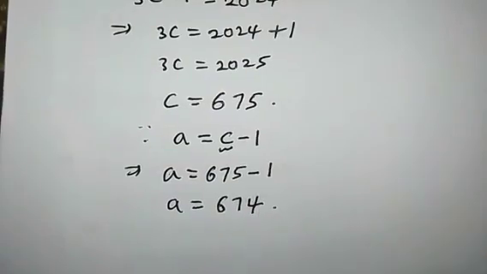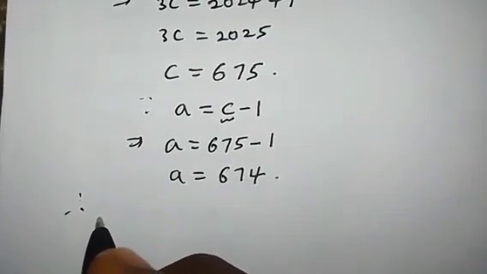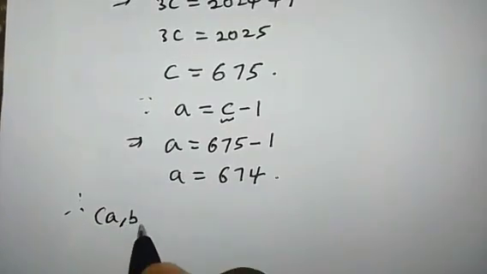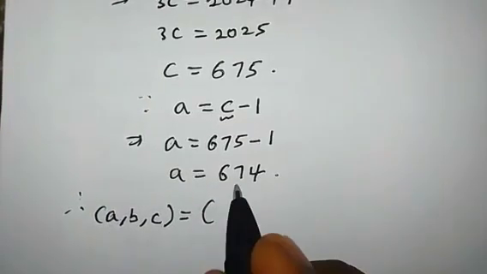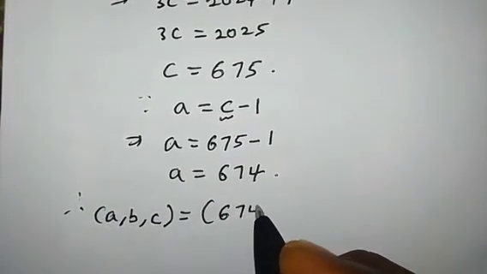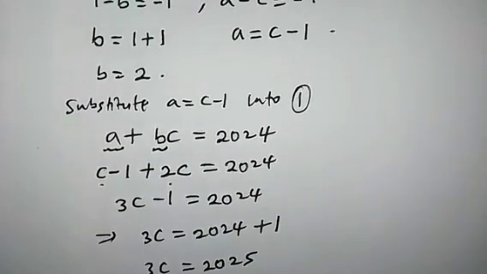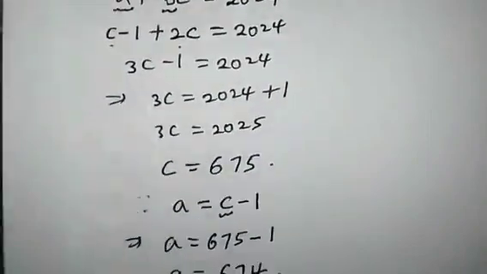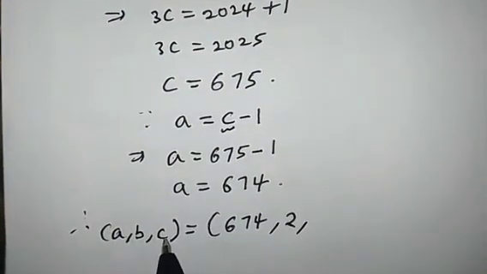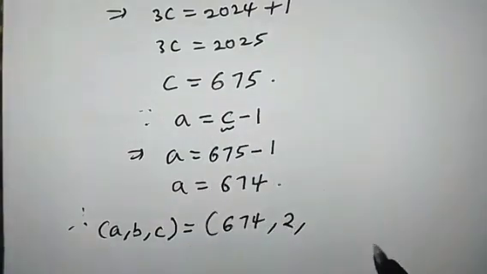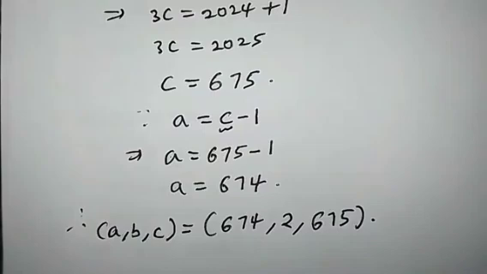This is the value of A. Therefore, the second solution, A comma B comma C, is equal to: the value of A is 674, and the value of B is what? The value of B is 2, comma, and the value of C is 675. This is the second solution.